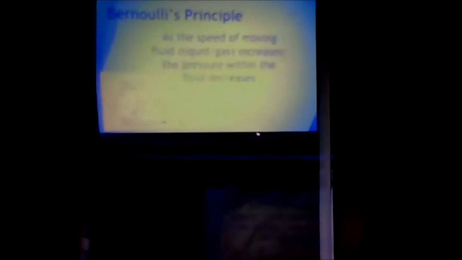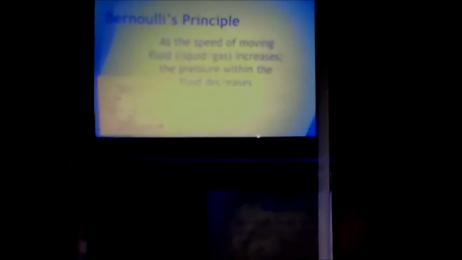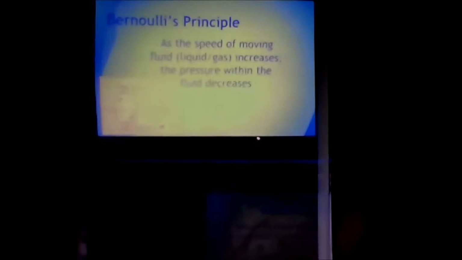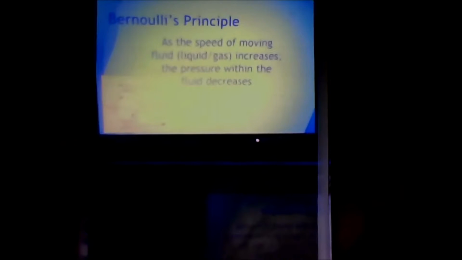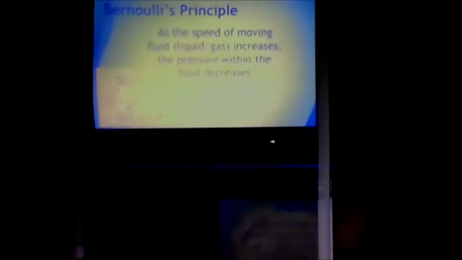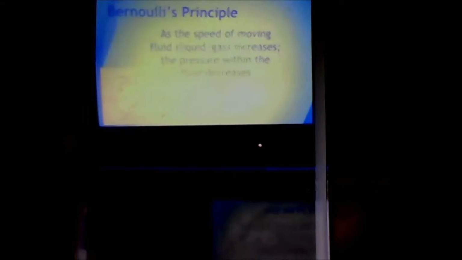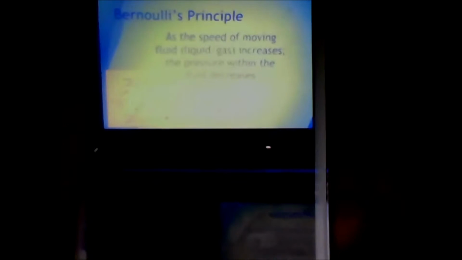Now, Bernoulli's principle states that as the speed of a moving fluid, liquid or gas, increases, the pressure within the fluid decreases. This can be tied into the air pressure on all sides of the baseball. The curve of the ball is caused by the pressure on every side of the baseball being imbalanced.